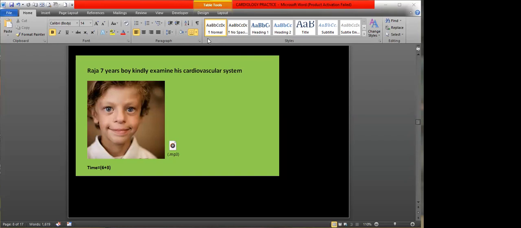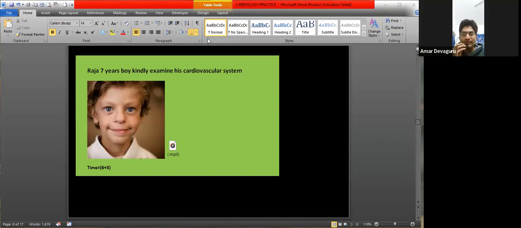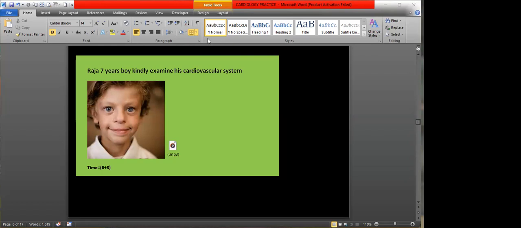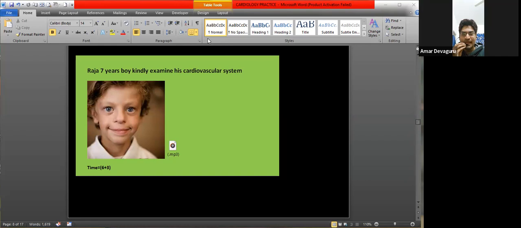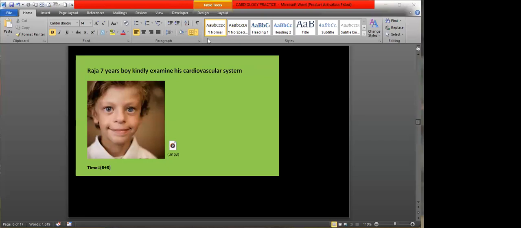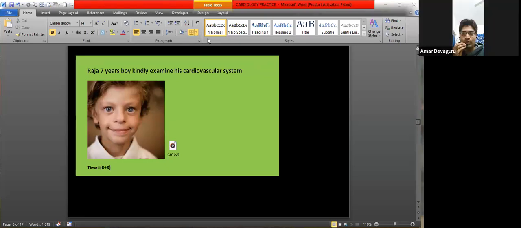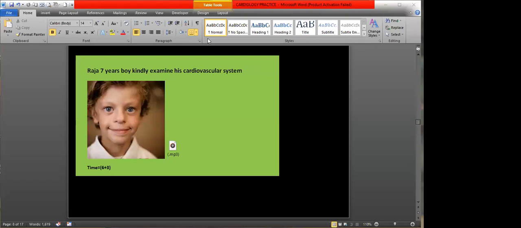Yeah, there is no pain. Okay. Then I would like to lift the hand and check for collapsing pulse. There is no collapsing pulse. Okay. With the dorsum of the hand, I would like to check for any rise of temperature in both the hands. No rise of temperature. Okay. Next, I would like to go to the eyes and ask him to pull his eyelids down. Any pallor? Slight clinical pallor is there, but it's okay. Okay.